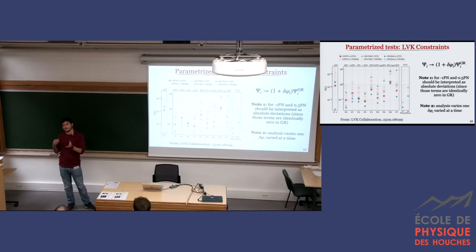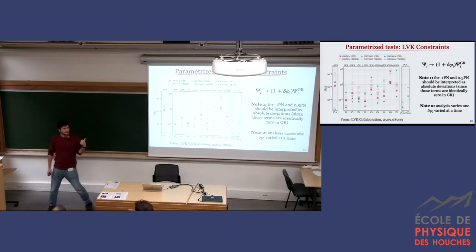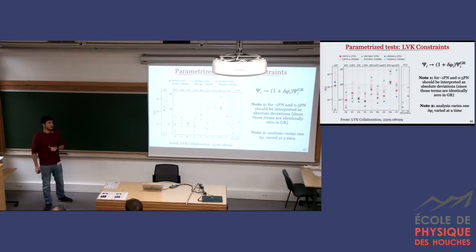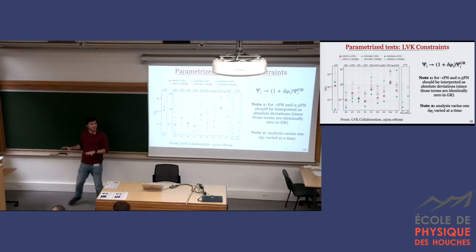That's something also, there's a caveat here that I was mentioning: if you see a deviation, for example, let's say at 1 PN, doing a test in this way, it doesn't mean necessarily that the deviation is exactly at 1 PN. Because the deviation in this 1 PN term might be detecting a deviation in some other part of the waveform.